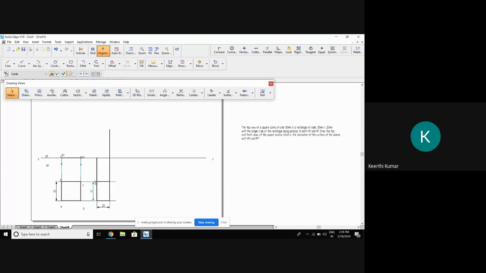Those two lines should be thin projection lines. Then measure this. Can you tell what will be the distance of this? That will be obviously 30. Taking a compass distance between A dash and B dash, keeping this as center, cut an arc of 30. That arc should be in thin line. Join this with a thick line.